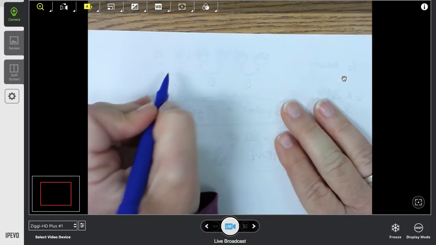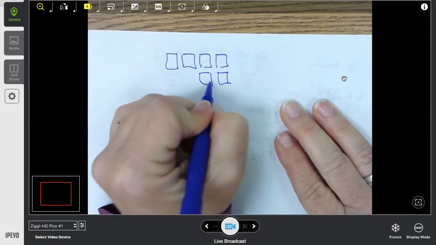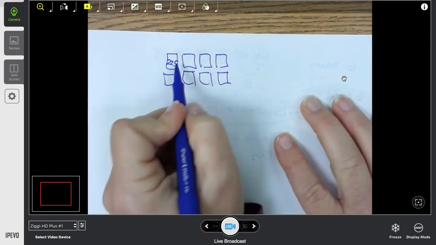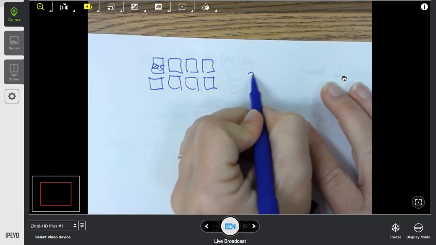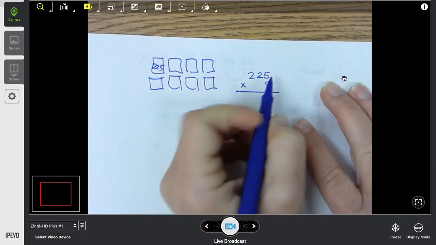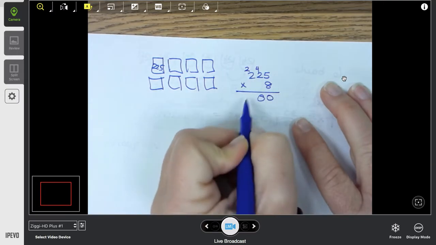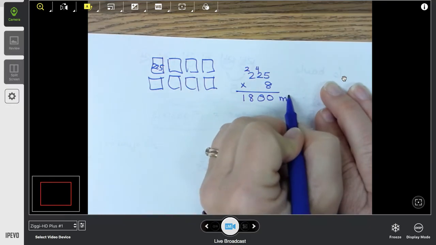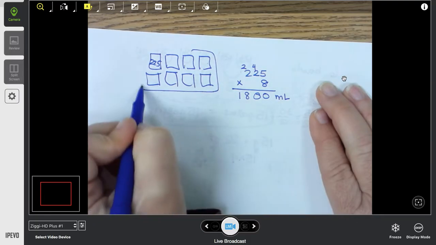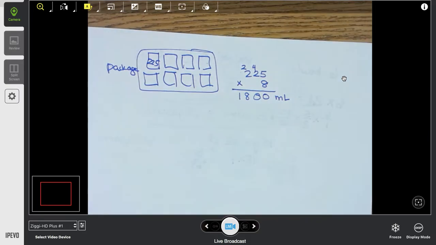So if I had my 8 boxes, and in each one of them 225 milliliters, we have to do 225 milliliters times 8 boxes in that package. I'm going to do the math here. So there are 1,800 milliliters in one package because each one of these are a box. So this is one package. There's a lot of math in here.